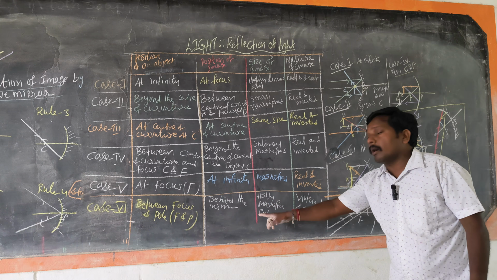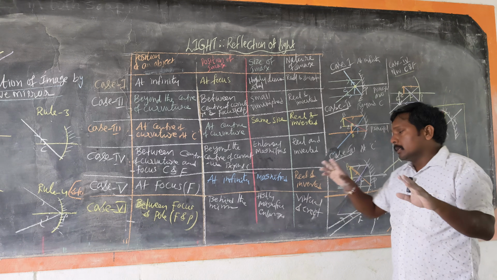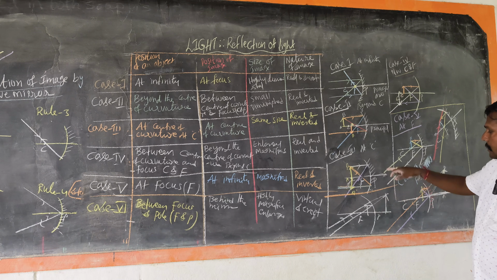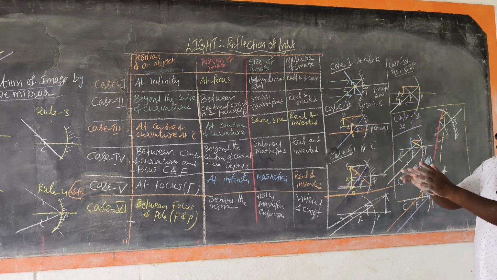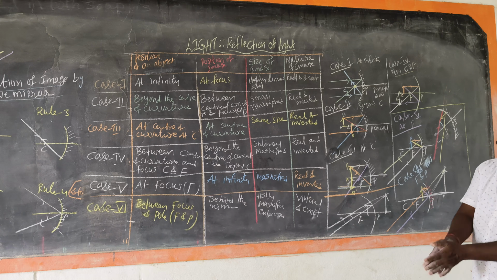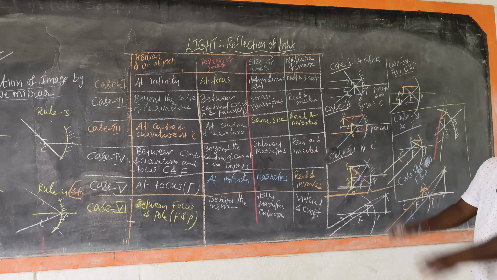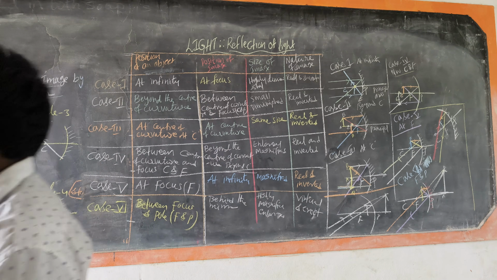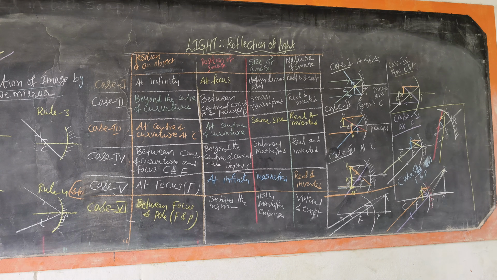The image which is formed behind the mirror is virtual and erect. Enlarged images form. This is the formation of image by a concave mirror.